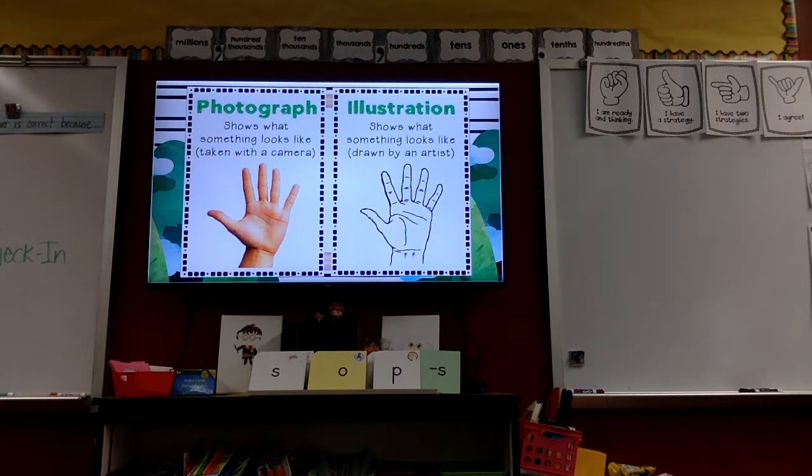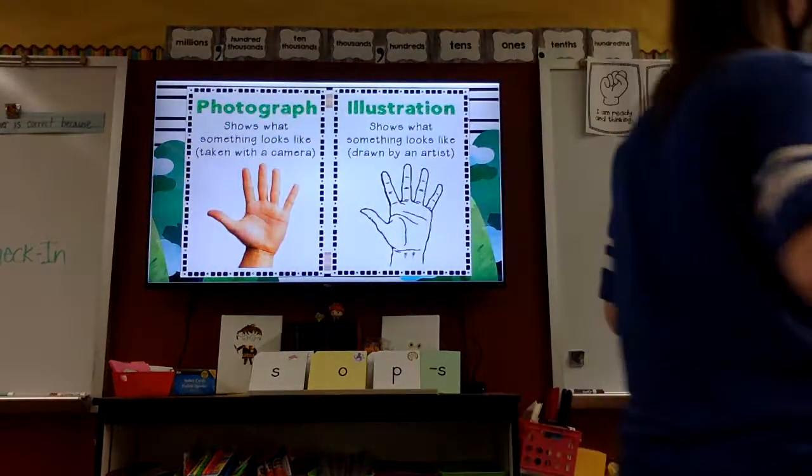And it helps me understand what baby penguins look like and how to care for them. Photograph in the first box, illustration in the second box. Y'all are rock stars. We are almost done. Stay with me.